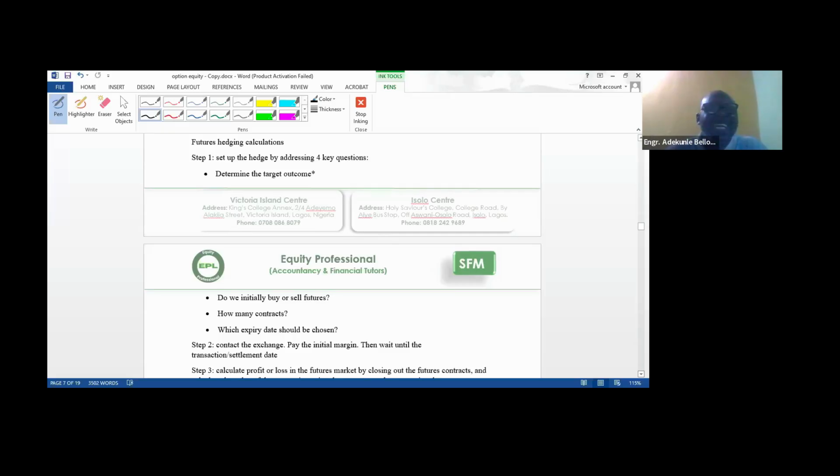Which expiring date should be used? In your step 1, you must address 4 questions.